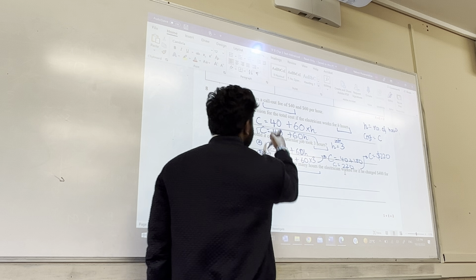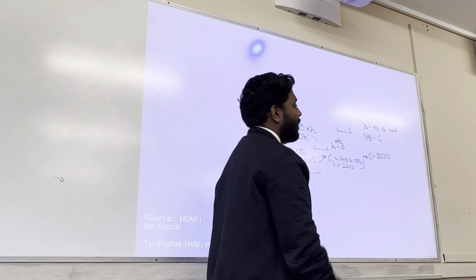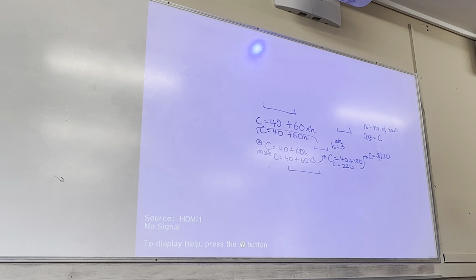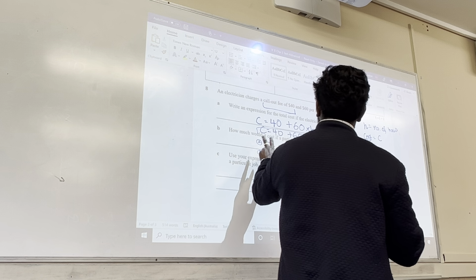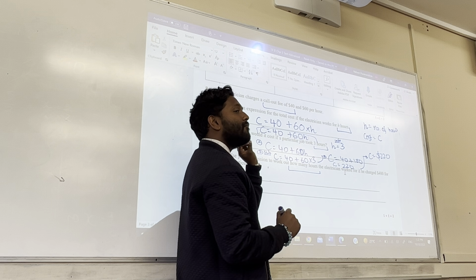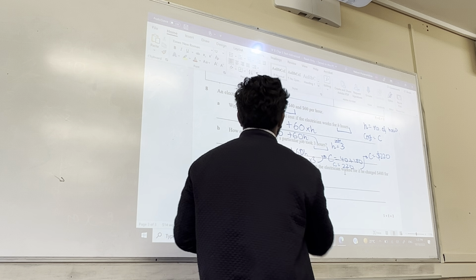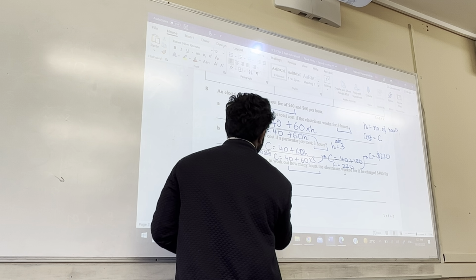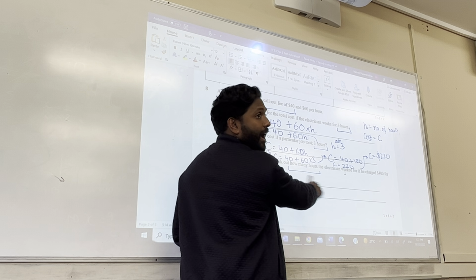What does that mean in our formula? Which one is equal to 400? What letter represents the cost or the charge? C. So you're going to write info: C is equal to $400. We need to work out how many hours.